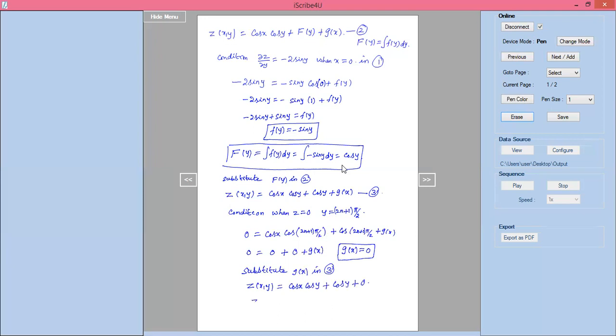Now z of x comma y equal to, if you take cos y outside, cos y into cos x plus 1. This is nothing but the required solution for the given equation, cos y into cos x plus 1. This way we can simplify the non-homogeneous PDEs. Right. Next problem.